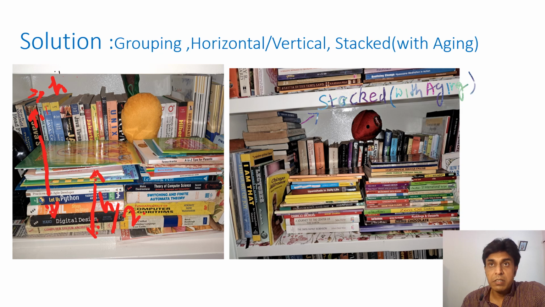Another thing that I've tried is, in the corner, the stacked approach. As you can clearly see in the picture, there is a corner which is stacked horizontally. There I've used the aging principle, which is based upon my experience of these books.